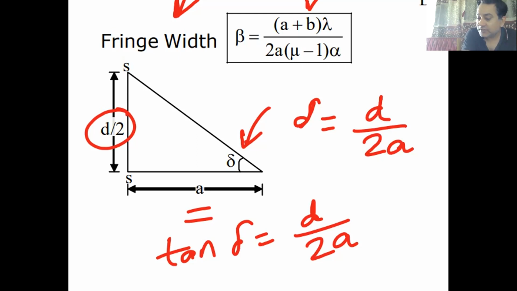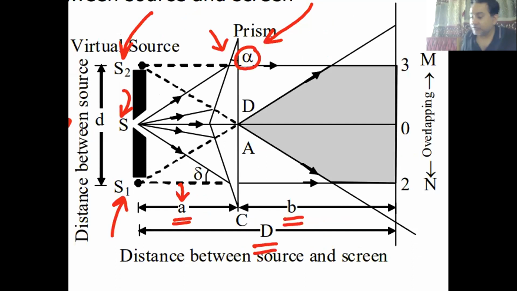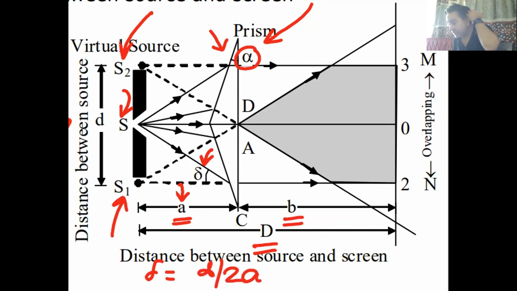You can see it in the original diagram. Do you see this delta here? This is that delta, and the value of this delta is d by 2a, or tan of this delta is d by 2a. This is one very important piece of information that you must note down. I will give you a minute for you to note it down.